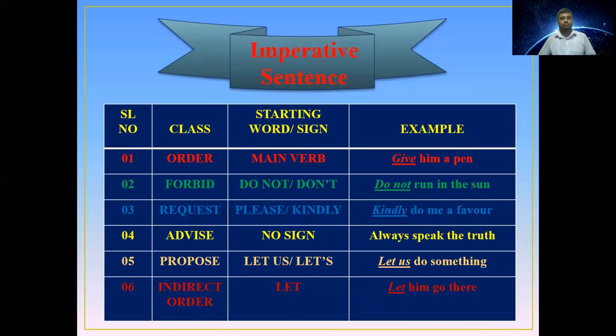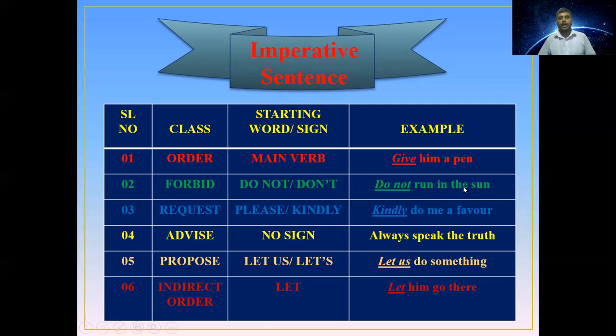Imperative sentence. Serial number 1 to 6: class, starting word or sign, example. Serial number 1, order, main verb. Example: Give him a pen. The underlined word is give. Serial number 2, forbid, do not or don't.